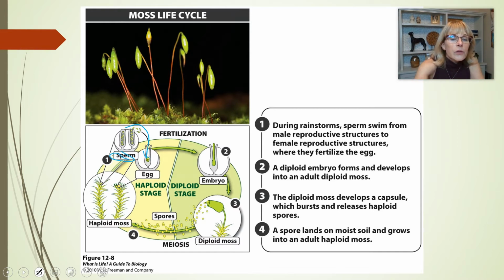That's one of the reasons why moss needs droplets of water on it, so that the sperm can swim over to where the egg is. When the sperm and the egg come together, they will create the diploid stage, which is the sporophyte stage.